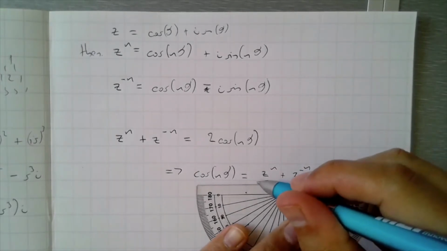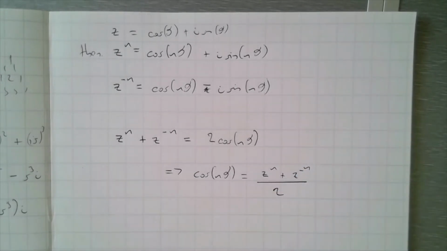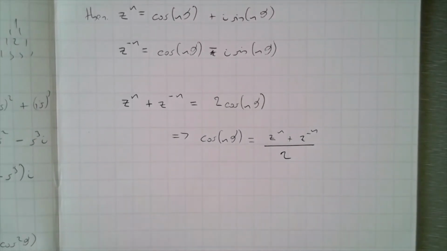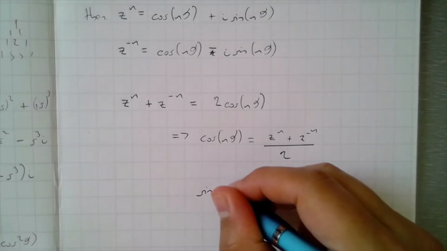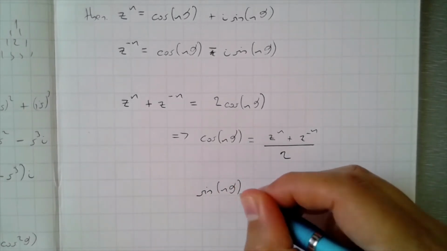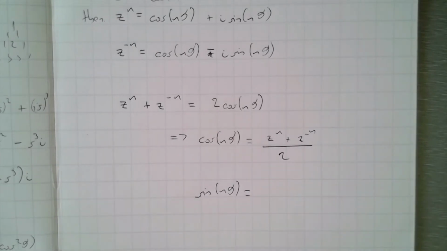What I'd like you to do next is, instead of adding them, subtract them and find out what sine n theta is equal to. Let's pause the video and have a go at that.